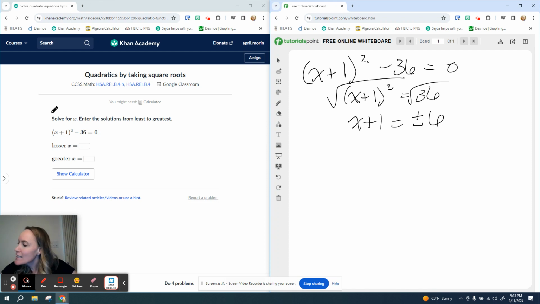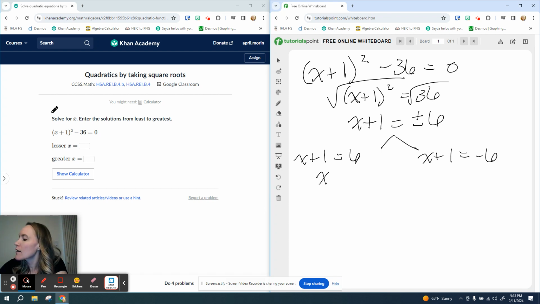So I need to split this up into 2 pieces because I have x plus 1 equals positive 6 and x plus 1 equals negative 6. Let's go ahead and write those equations separately. X plus 1 equals positive 6. X plus 1 equals negative 6. I have x equals 5 and x equals negative 7.